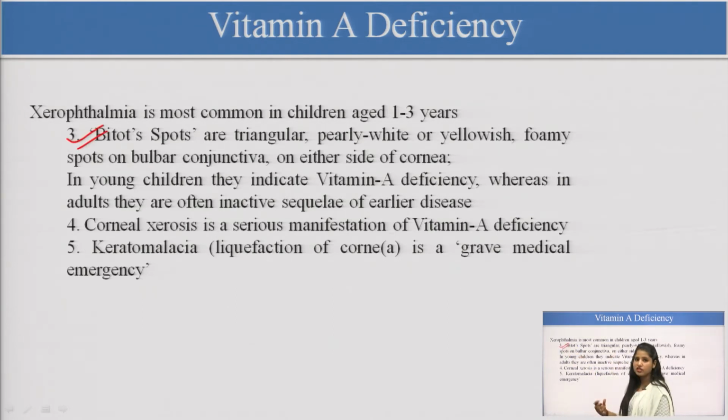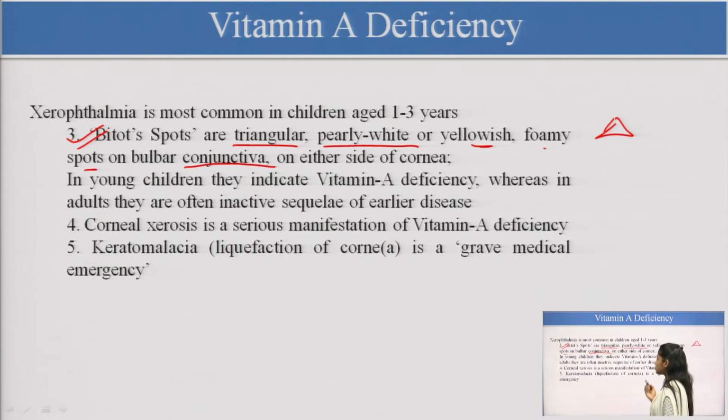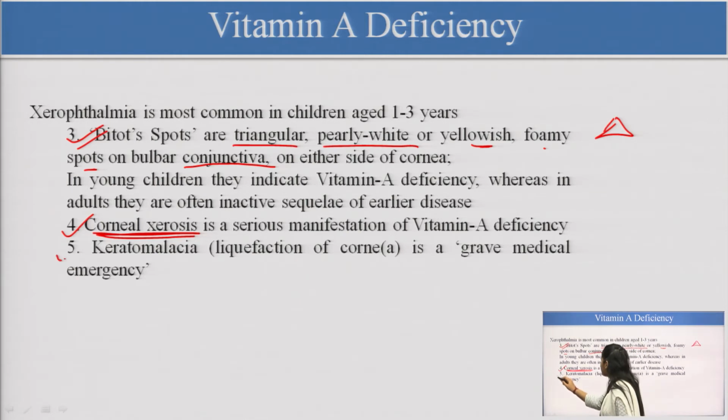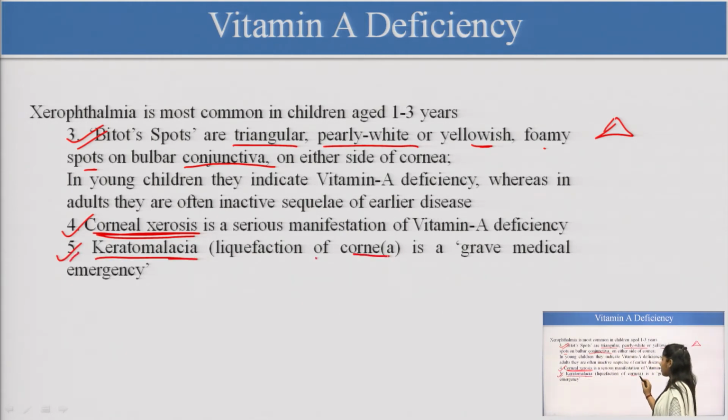There are some spots we can see on the eyes, triangular in shape. Purely white or yellowish foamy spots are formed on the conjunctiva. So, this is also one of the signs of vitamin A deficiency. Then there is corneal xerosis, corneal dryness, where the cornea will dry. There is one condition called keratomalacia, which is liquefaction of the cornea.